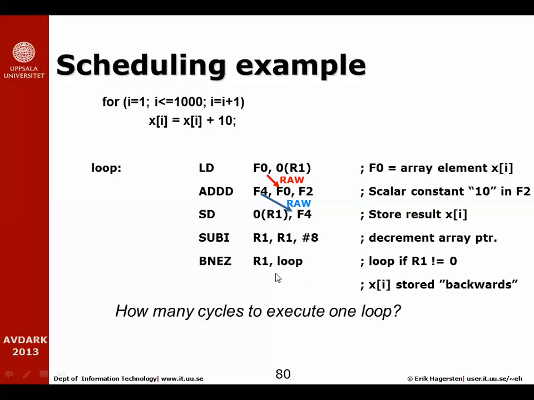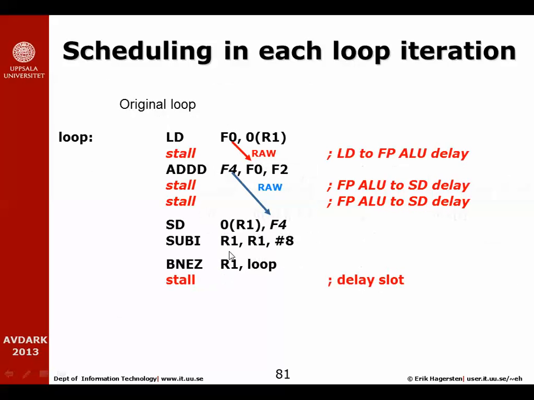We also have to remember that we always execute the instruction following this branch because there was one delay slot. So calculating how many cycles it takes, we need to add a stall cycle here between the load and the add, and 2 stall cycles between the add and the store double, and then 1 extra stall cycle for the delay slot. So in total it takes 9 cycles to do 1 iteration of this loop where we have 5 instructions and 4 bubbles in the pipeline. Not a super good result.